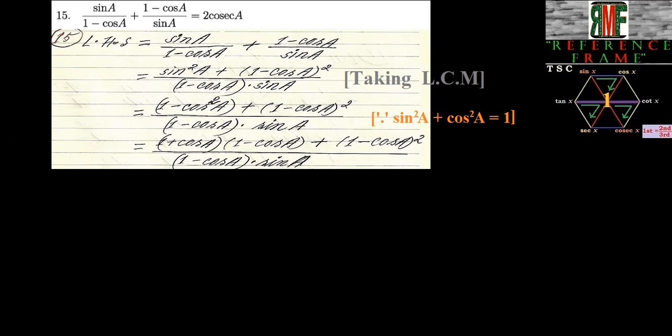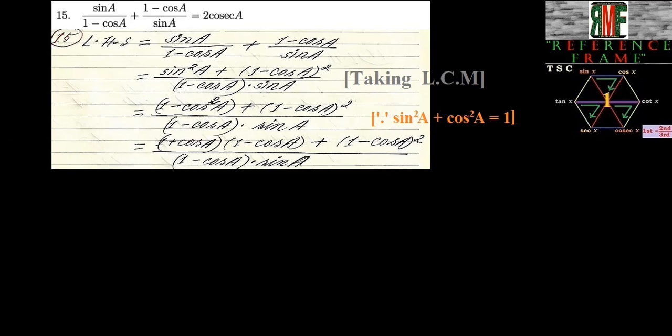So look, in the third line we write down 1 minus cos square a instead of sin square a. How? Look, we know sin square a plus cos square a is equal to 1. So if we change the side, sin square a is equal to 1 minus cos square a. Just the transposition law. Now plus 1 minus cos a whole square as it is, and the denominator is the same.